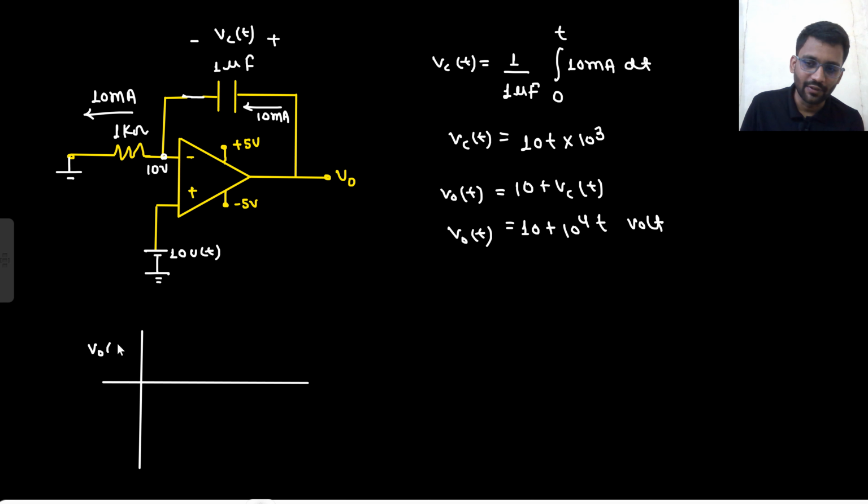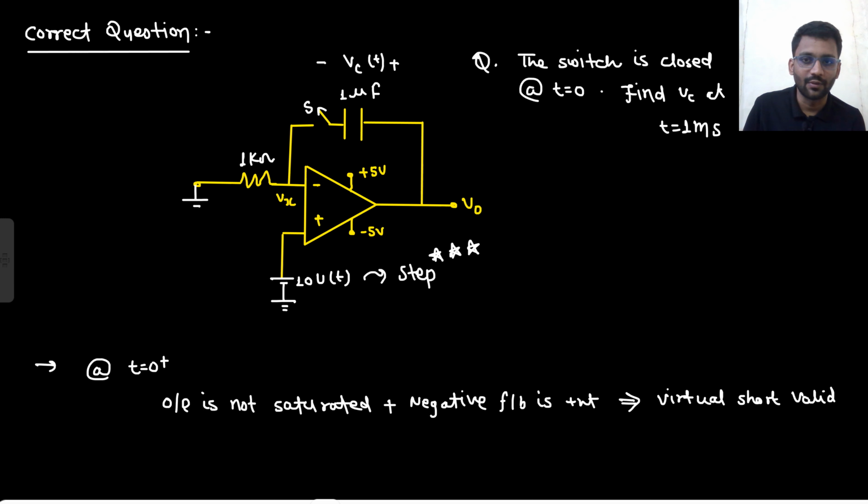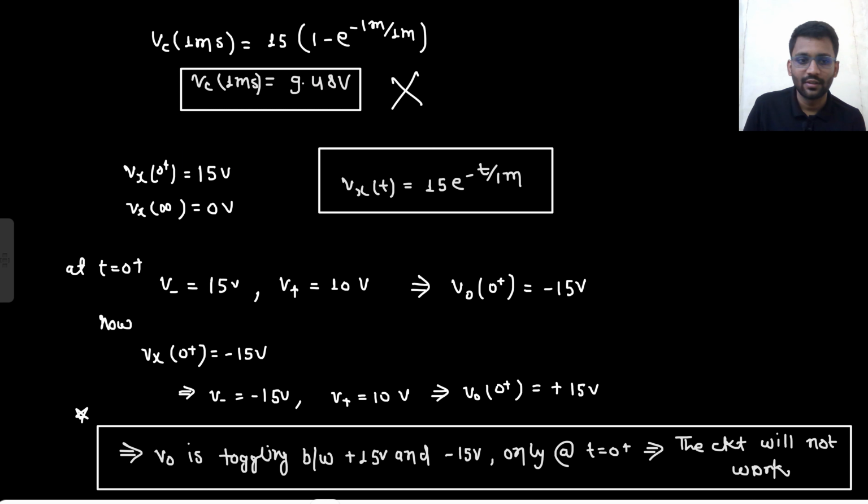Let's draw the V naught T waveform. It will start from 10 volt and it is going up. At 0.5 millisecond, what will happen? Output will be saturated, because saturation voltage is 15 volt, not 5 volt.